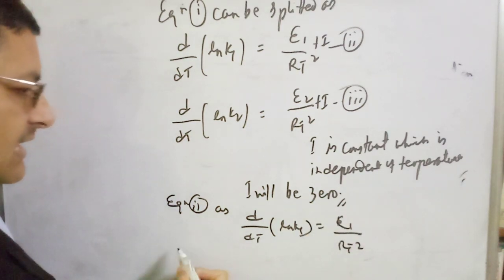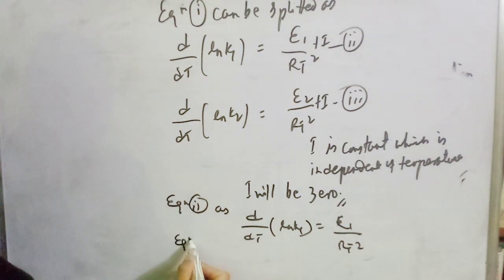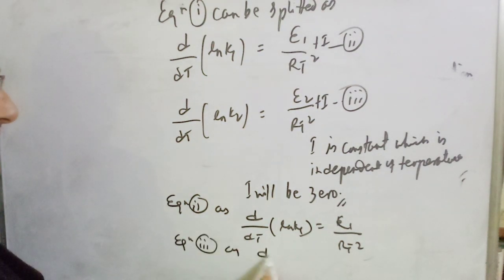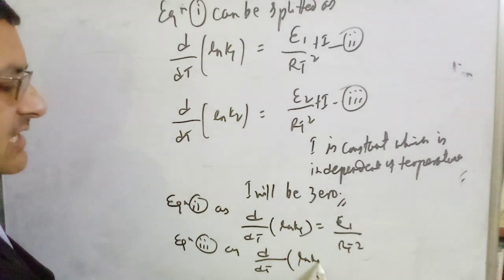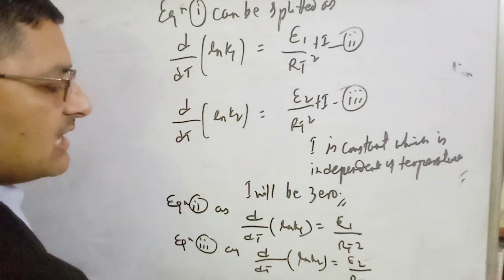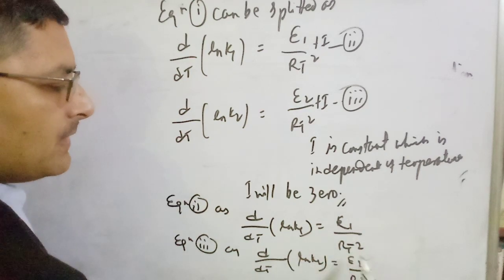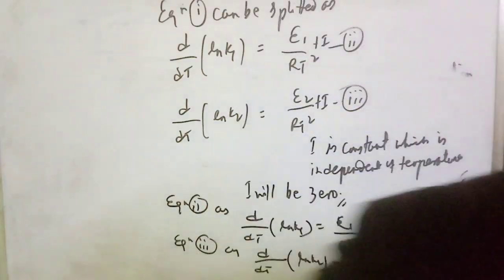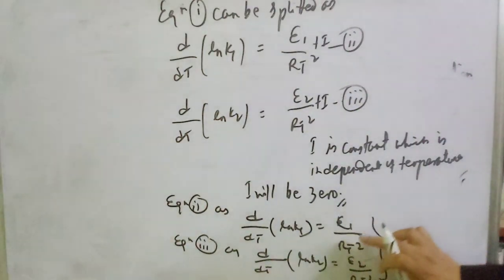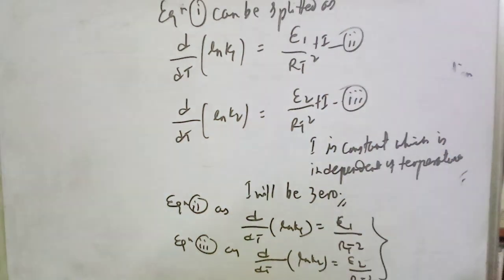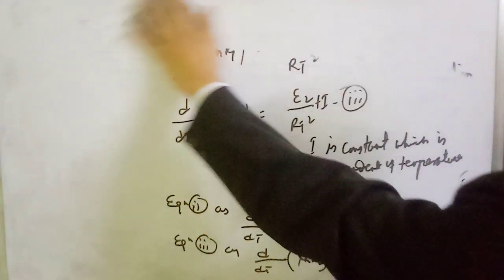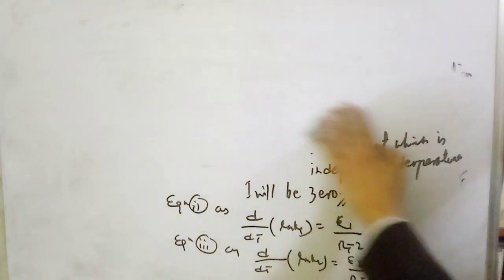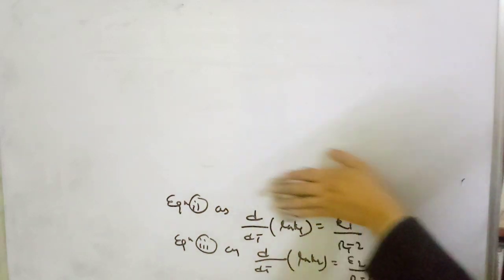And similarly, equation 3 can be written as d upon dt ln K2 equals E2 upon RT square. You can easily get these two equations after setting I equal to 0, because it is a constant term independent of temperature. Now we can write in general form. These two are the equations we have obtained for K1 and K2.